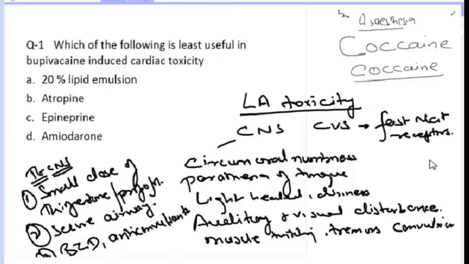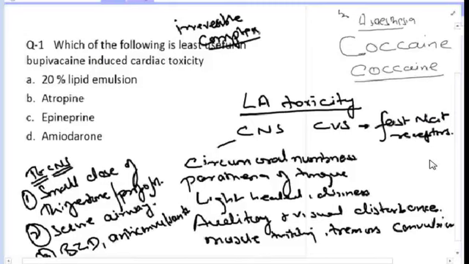Now what about the cardiovascular toxicity? Now bupivacaine forms irreversible complexes with the receptors of the heart, and therefore should never be used as intravenous injection.